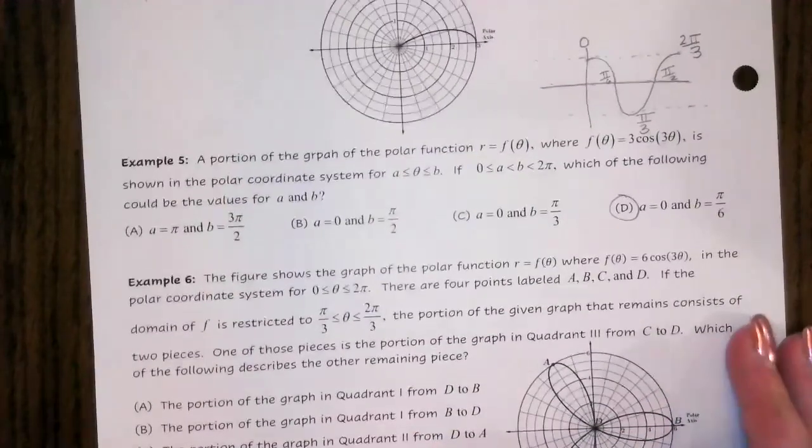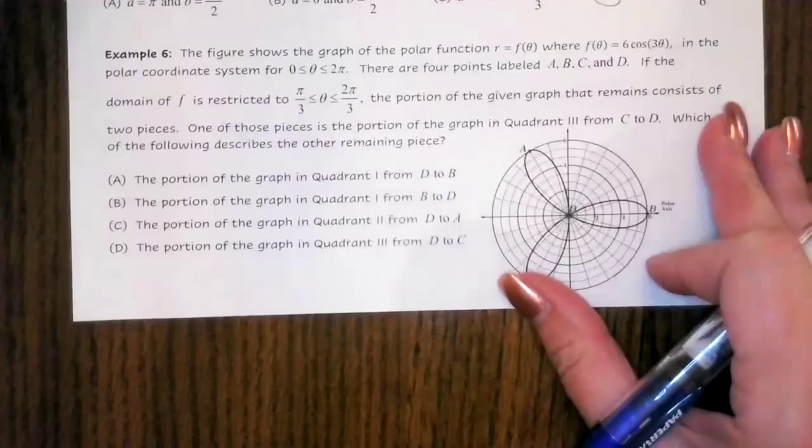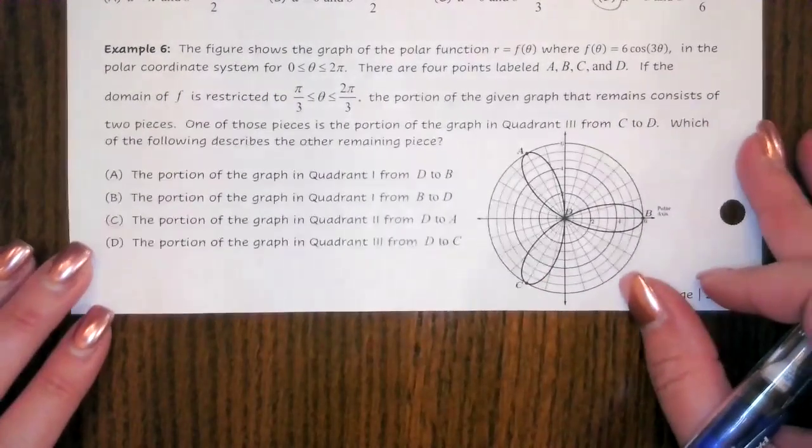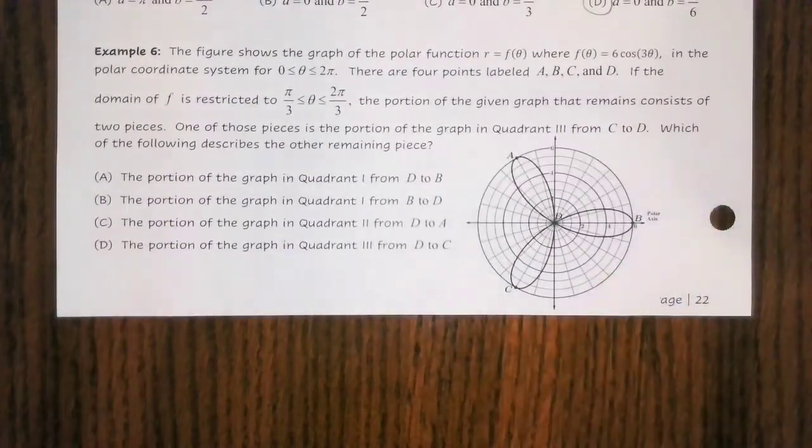All right, for our last one today, on this example here, it tells us a figure shows the graph of the polar function r equals f of theta, where f of theta equals 6 cosine 3 theta.